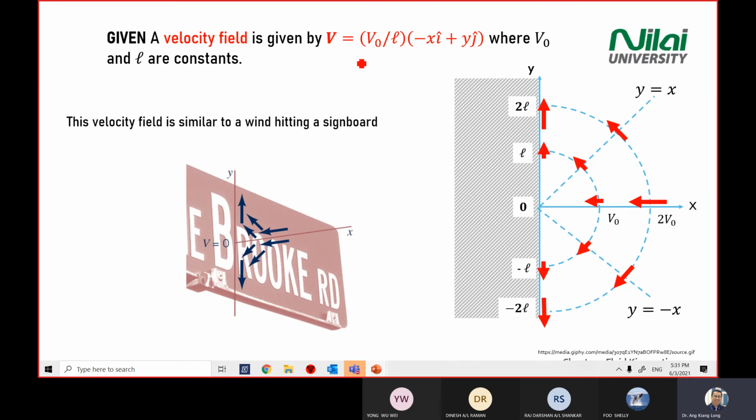I think we have come to the last slides for today. Actually, this equation can be solved for the flow above a signboard, or a traffic signboard, where you have a car coming in, the wind will hit the signboard, and the behavior of the velocity field of a flow from x direction in 2D will look something like what you draw on the screen here.